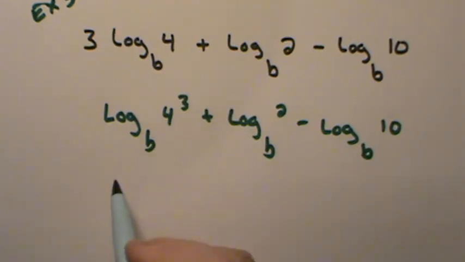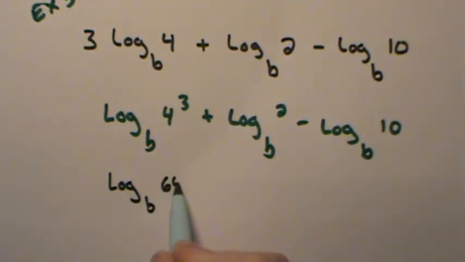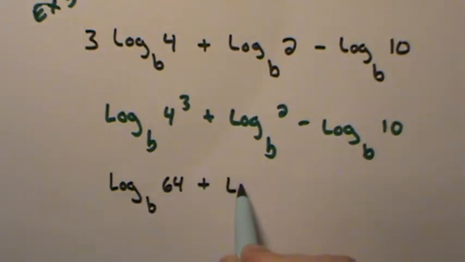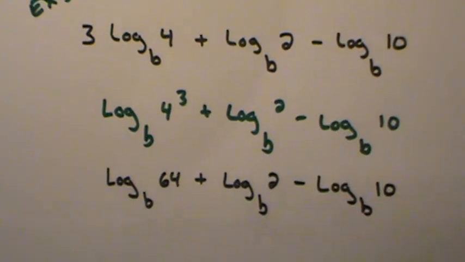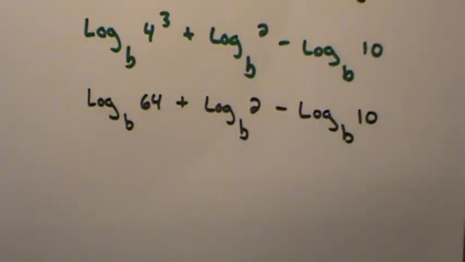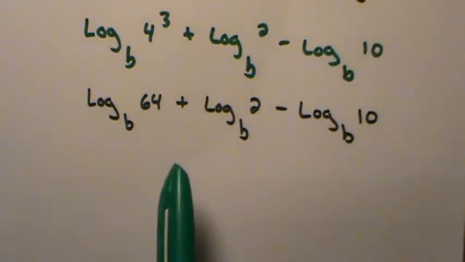So this becomes log base b of 64 plus log base b of 2 minus log base b of 10. As you start to do a couple of these, it becomes pretty simple. In fact, you can do a lot of this in your head as you get better at it.